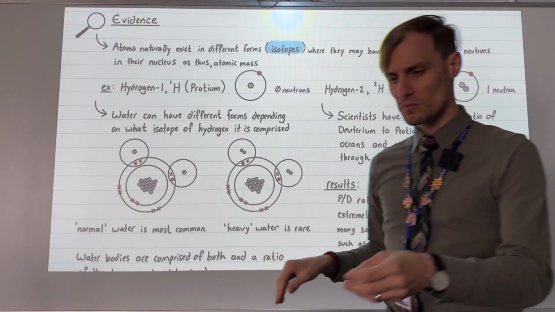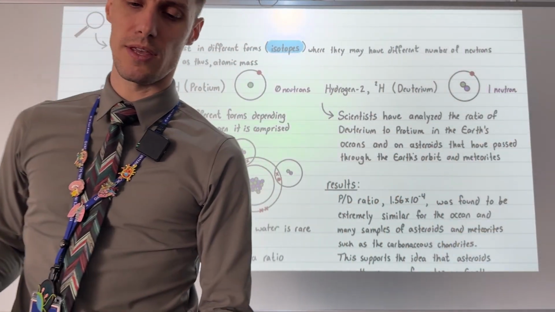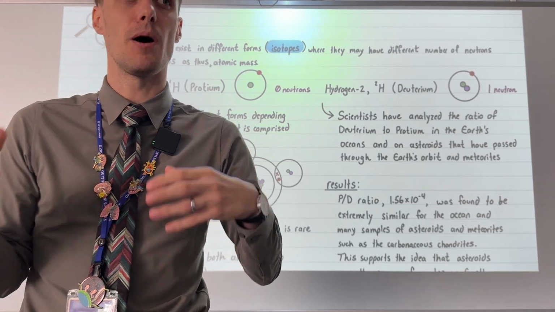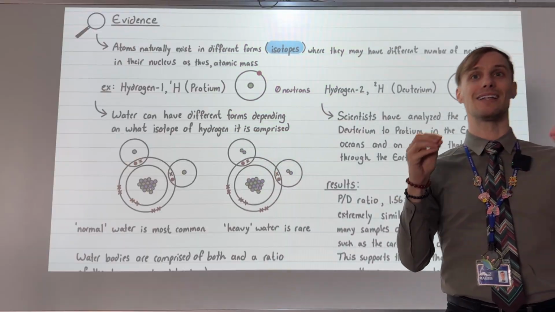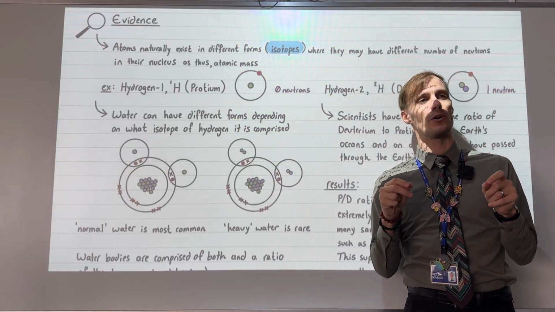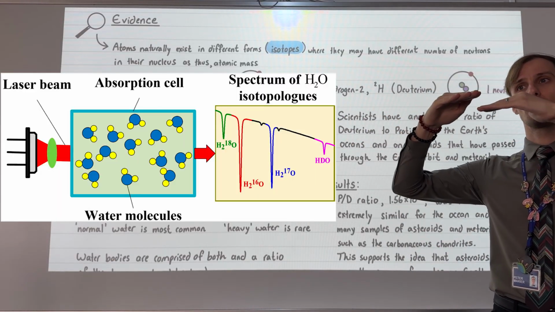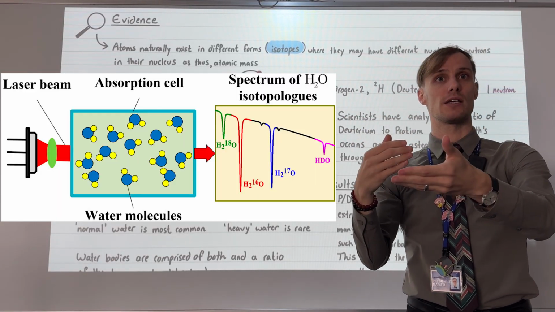In fact, we can determine the ratio of isotopes in any body by using something called laser spectroscopy, where we can actually shine a laser through a material and then determine different absorbances based off their isotopes.